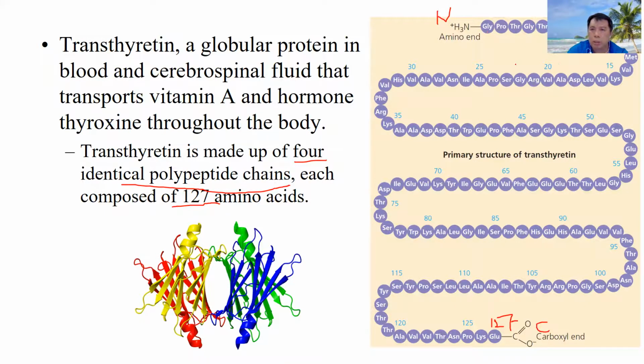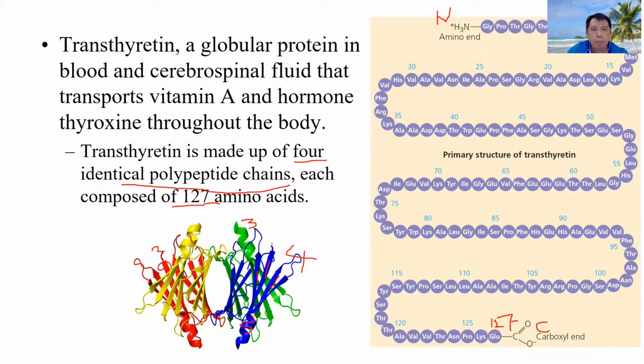Here I show you the primary structure of the polypeptide, and this one shows the four polypeptides of the transthyretin protein. Here 1, 2, here 3, this one 4. You can see this one is beta sheet, and this one is alpha helix.